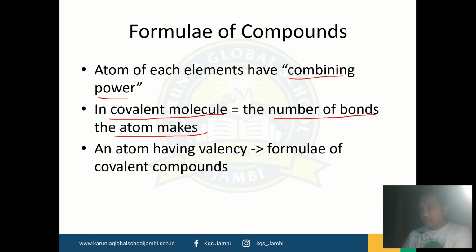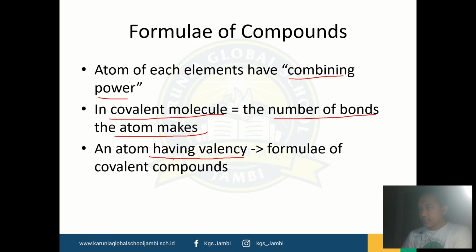And then an atom having valency represents the combining power. Valency is not necessarily to be remembered, but this concept can help us in understanding about the bonding, and also the creation of the formula.